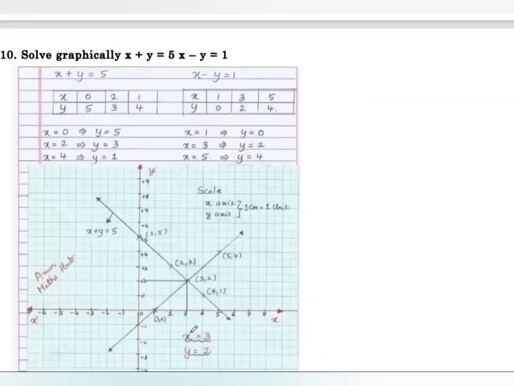Now moving to the next question. Solve graphically. Very important 4-mark question. They'll give a pair of linear equations. Here the given question is x plus y equals 5 and x minus y equals 1. For the first line, x plus y equals 5, assume the value of x and find the value of y, or assume the value of y and find the value of x.